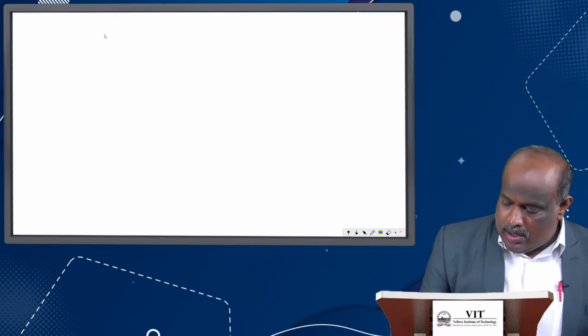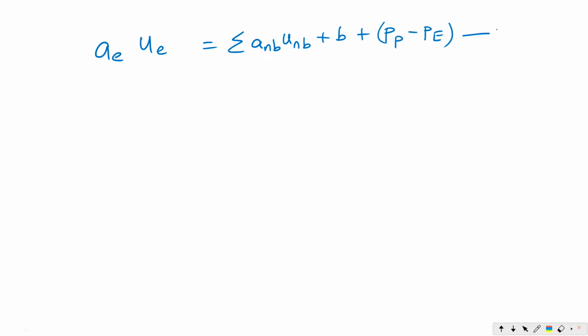So it is AE UE equal to, I am writing once again the same equation, sigma ANB UNB plus B plus PP minus PE. Let it be equation number 2, sorry.